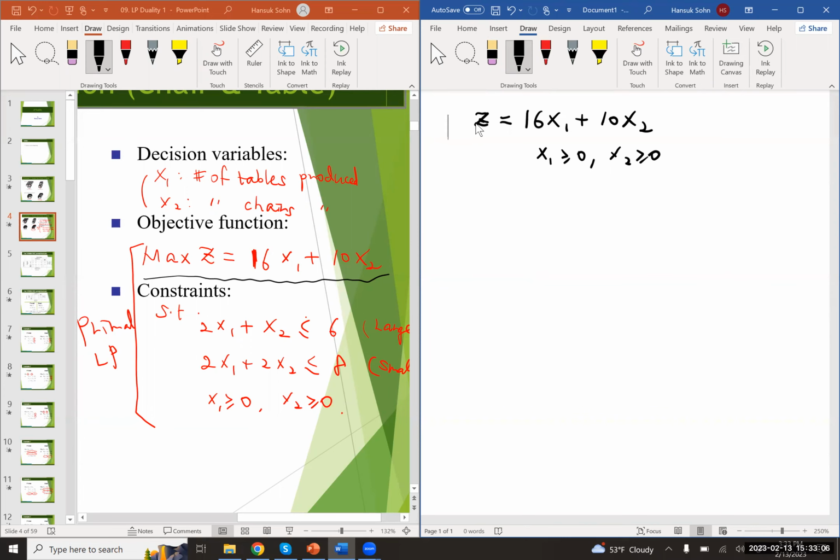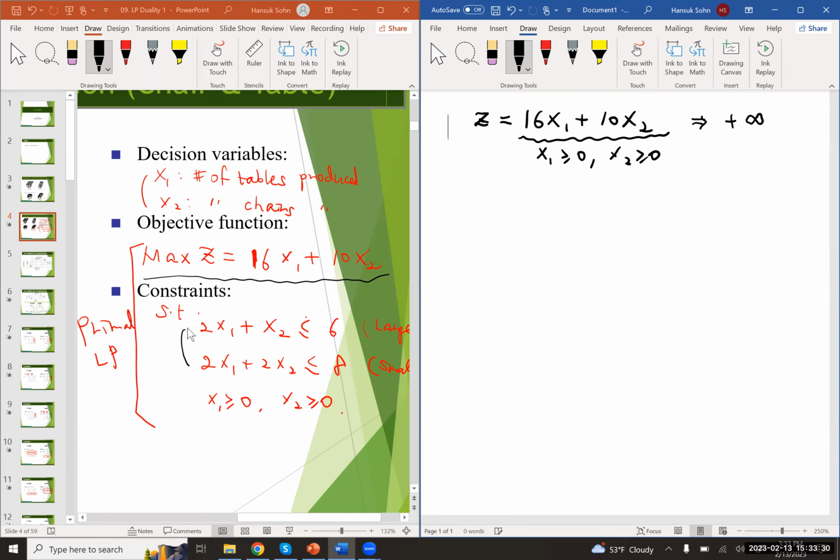Then, without considering these two constraints, the maximum value this objective can achieve would be plus infinity.